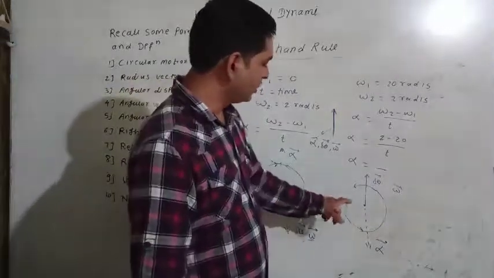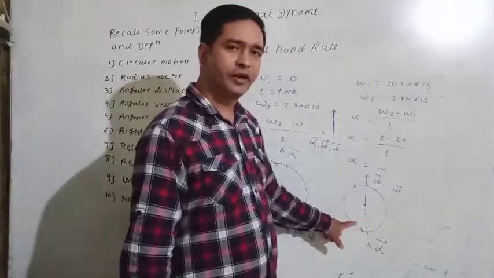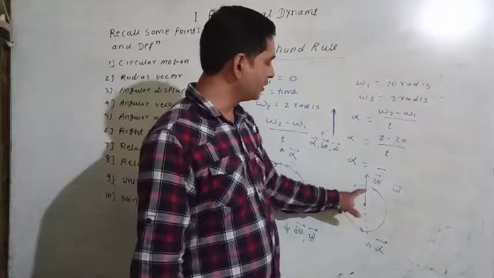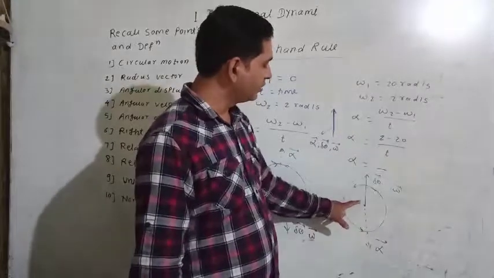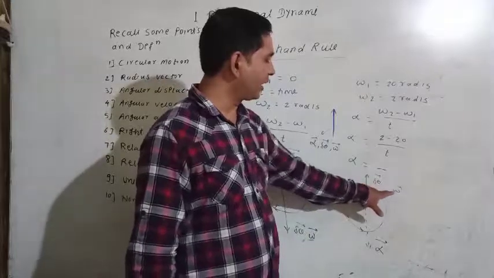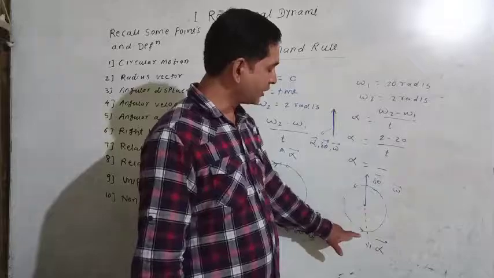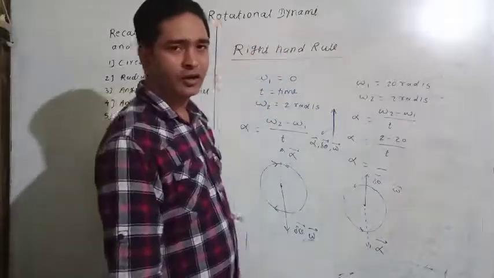Here alpha is negative, but in anti-clockwise direction, the particle is moving anti-clockwise. Therefore angular displacement and omega are upward and the angular acceleration is downward.